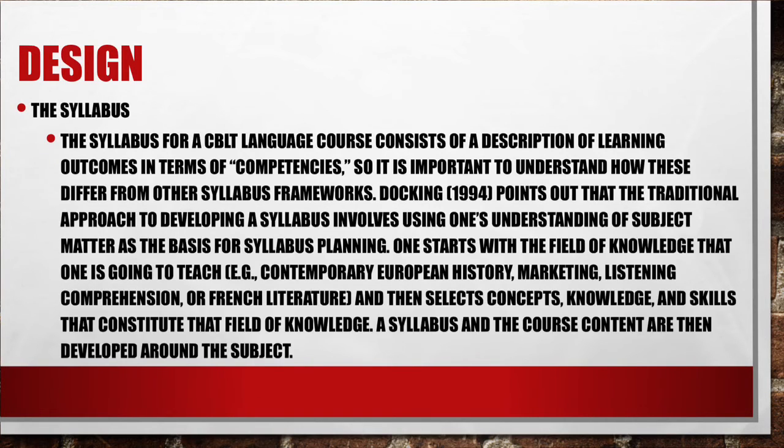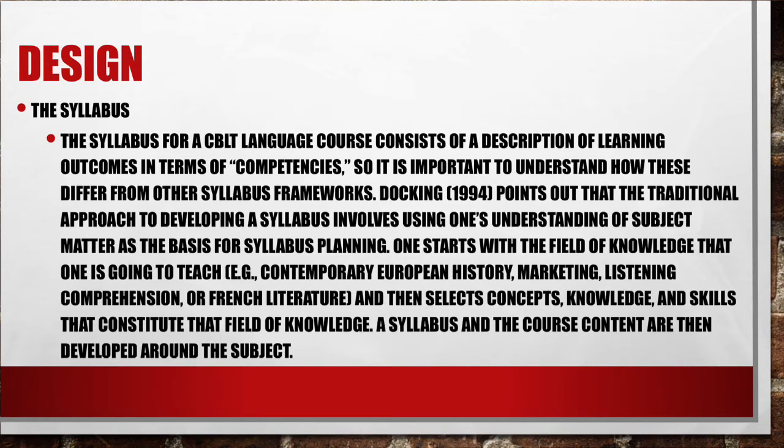The syllabus. The syllabus for a CBLT language course consists of a description of learning outcomes in terms of competencies, so it is important to understand how these differ from other syllabus frameworks. Docking (1994) points out that a traditional approach to developing a syllabus involves using one's understanding of subject matter as the basis for syllabus planning.